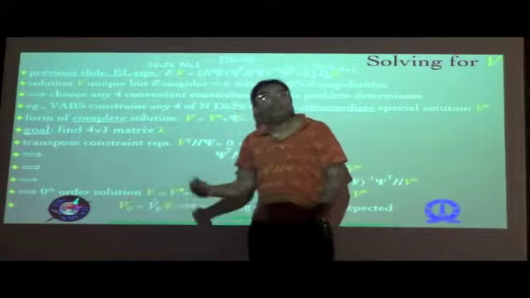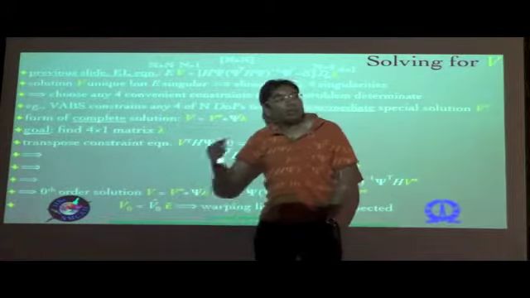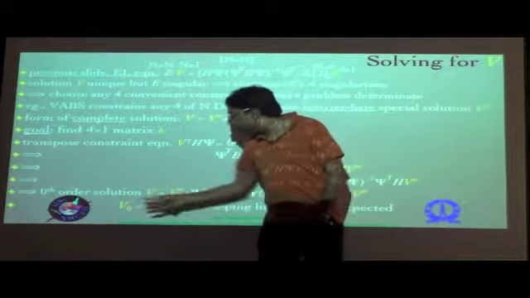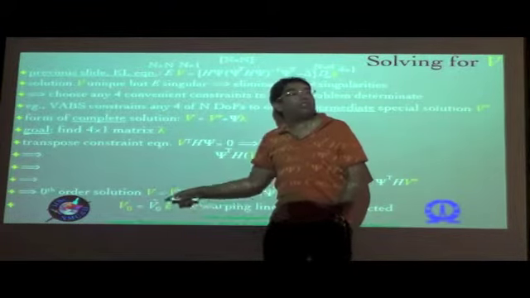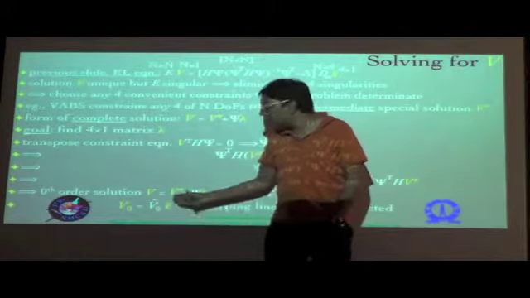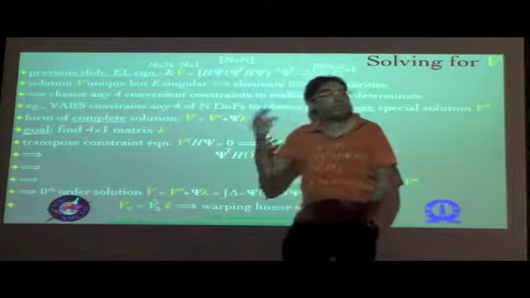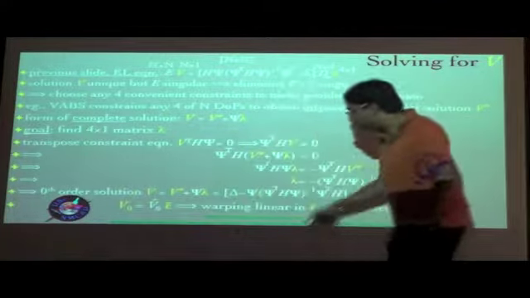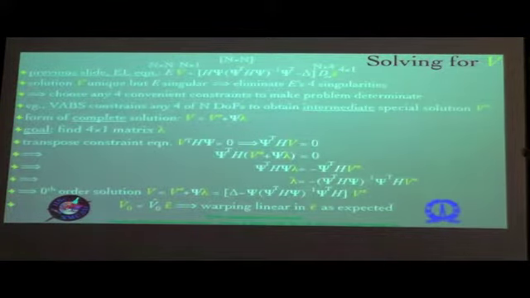Anything that comes out, the warping or the perturbations to the warping, which we shall return to at the next level, should all be eventually functions of those 4 degrees of freedom, namely your extensional strain, the elastic twist per unit length, and the 2 bending curvatures. And the warping is linear in epsilon bar, as is expected at this level.